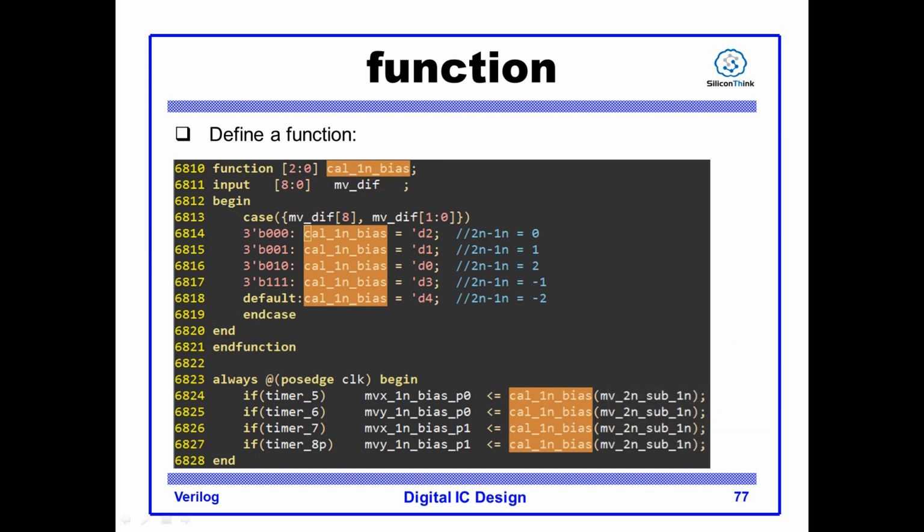Let's summarize it. You use the function keyword and endfunction keyword with the function name and the data width of the return value. Then you declare the input signals here. There may be several inputs, but you must have at least one input.